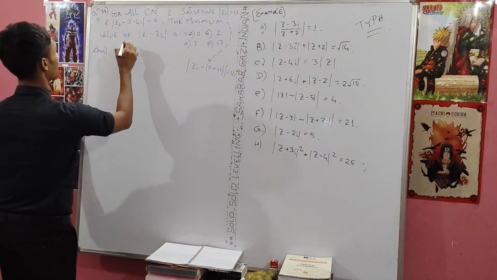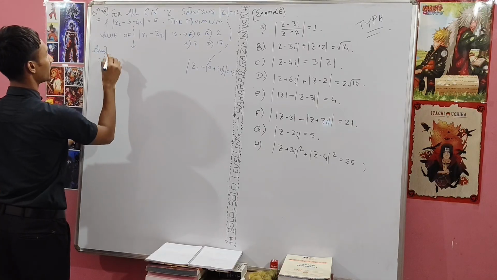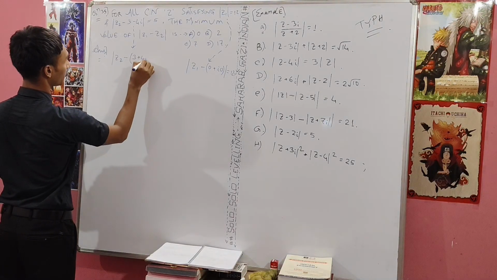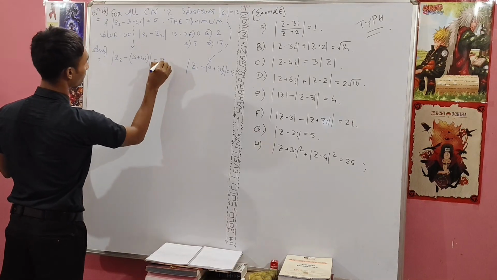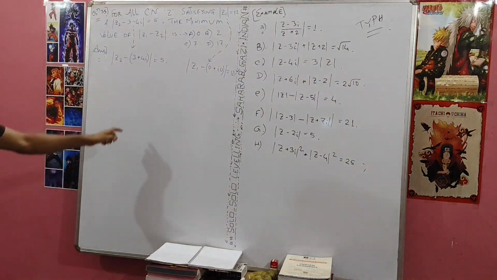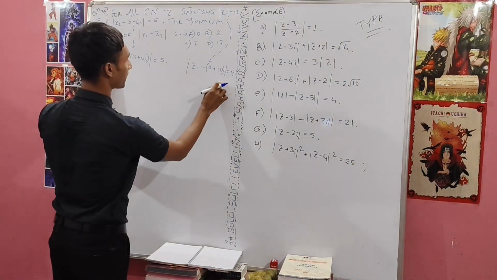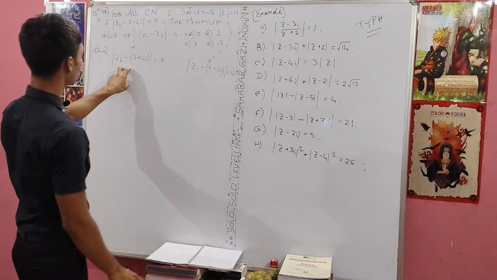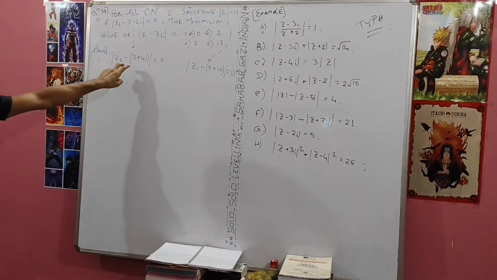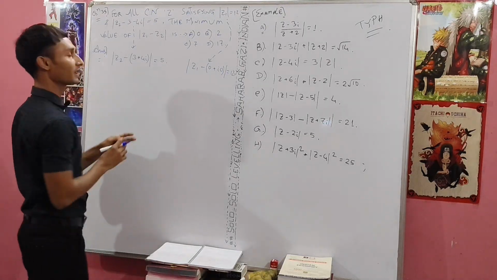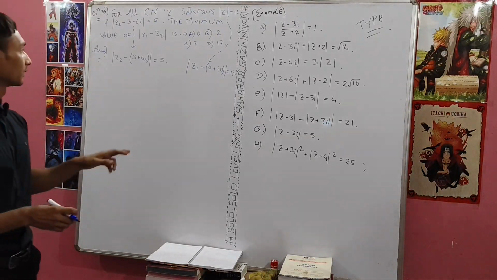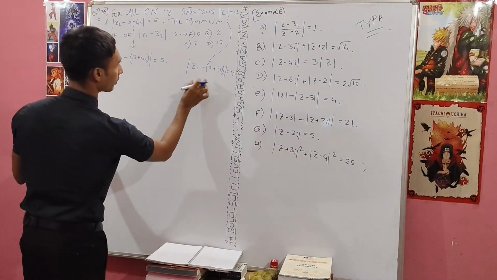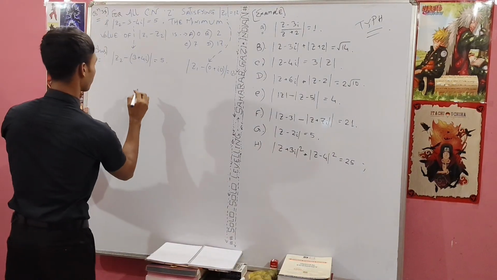And the second one, it's given actually mod of z2 minus 3 minus 4i is equal to 5. These are two different circles: a circle with radius 12, and a circle with radius 5 whose center lies at the point 3,4. The first one has center 0,0. So first draw it.